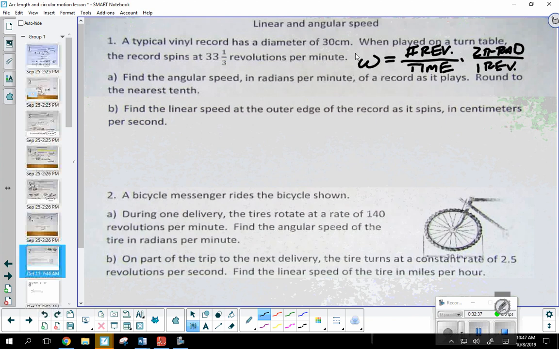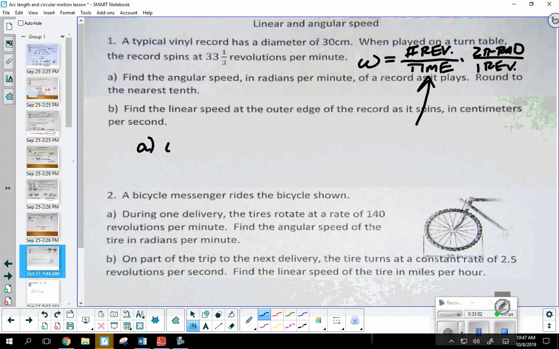This is how you're going to start like 99% of these angular velocity problems. So in this problem right here, how fast is the vinyl record spinning? 33 1/3 revolutions in how much time? 1 minute. So that information helps me create the first one here.